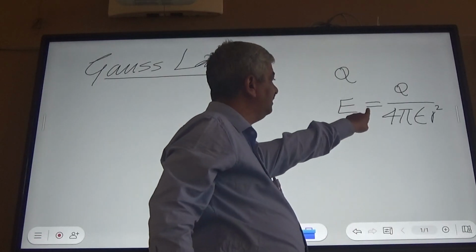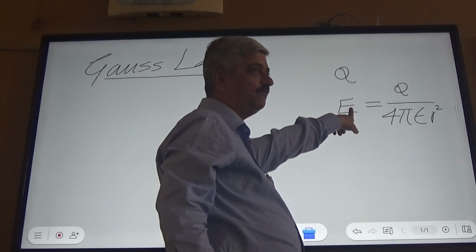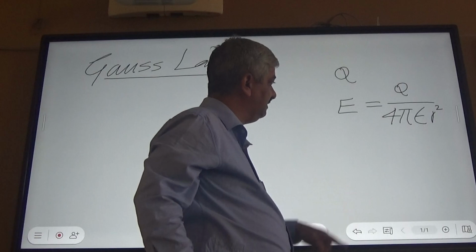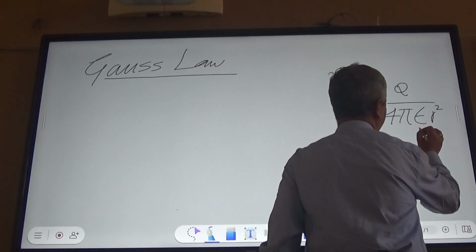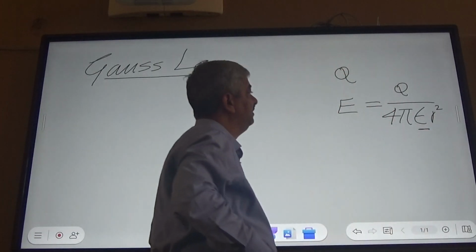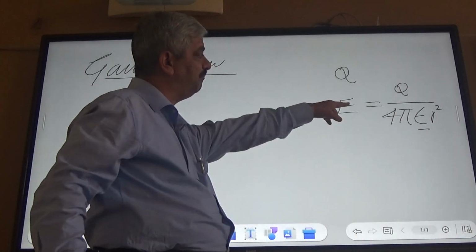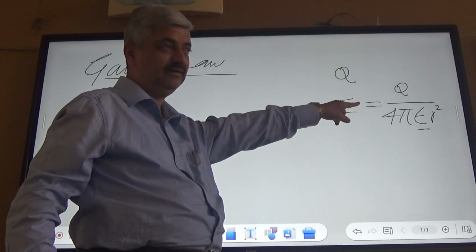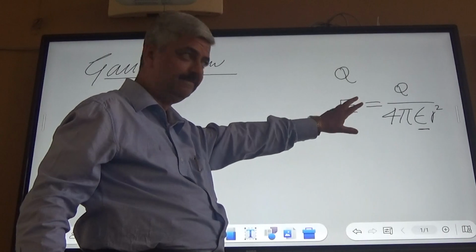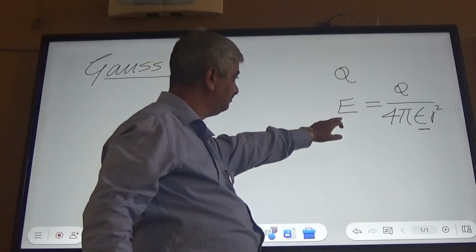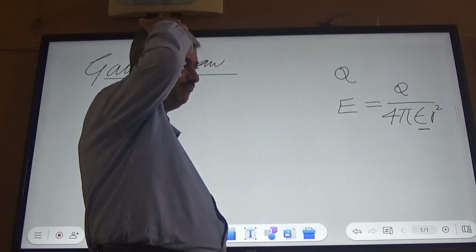So electric field E, because of charge, depends upon medium. Permittivity is a thing coming into picture.